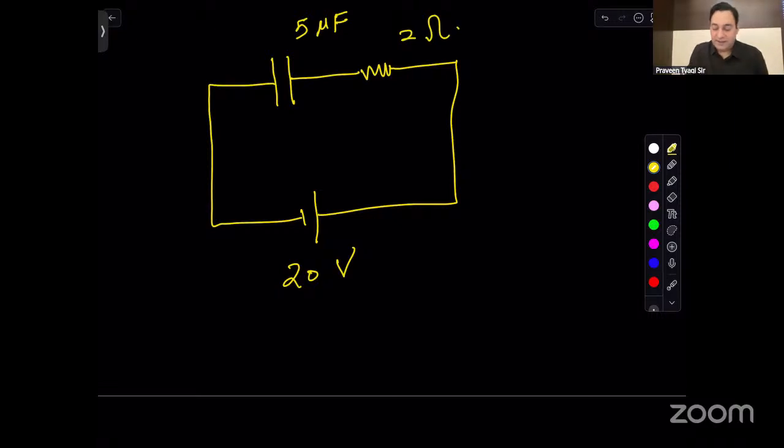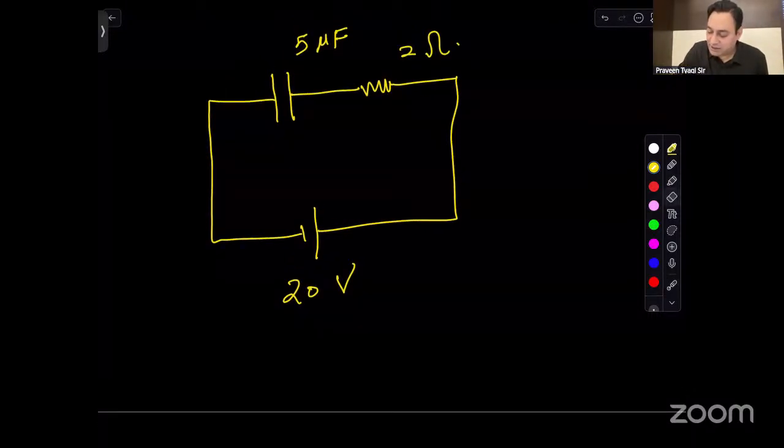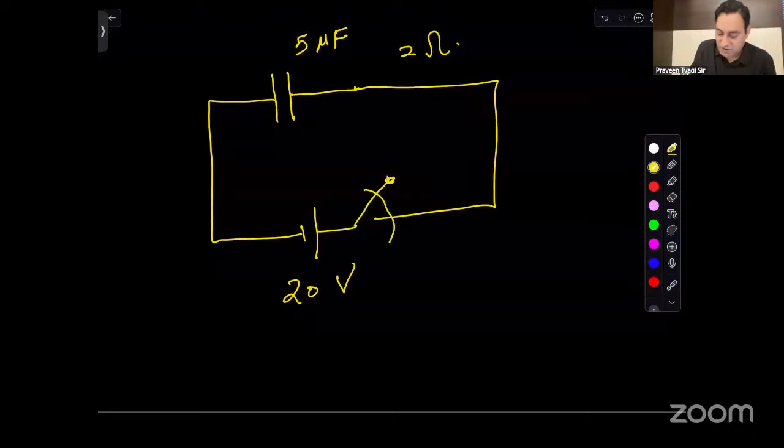Now, suppose at t equal to 0, I just switched on the switch and connected the battery. How do I find the current and the charge on the capacitor?